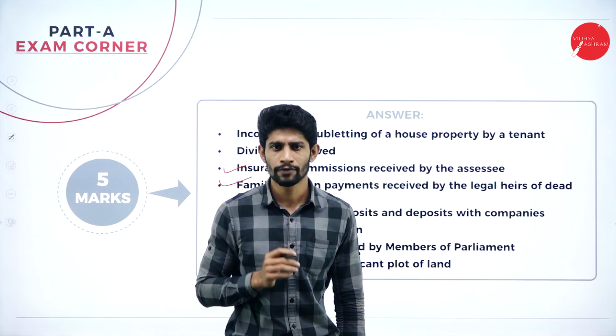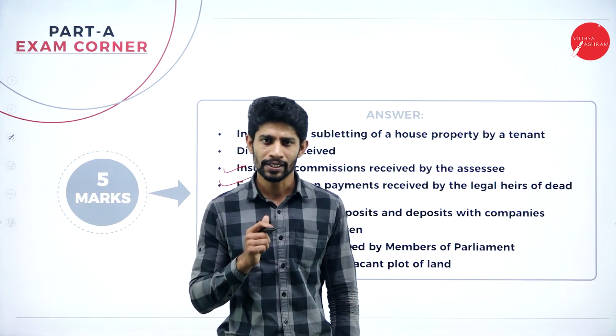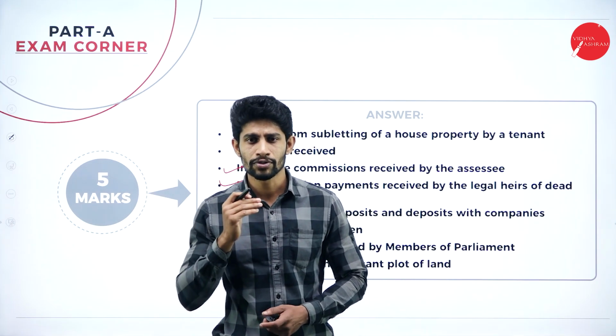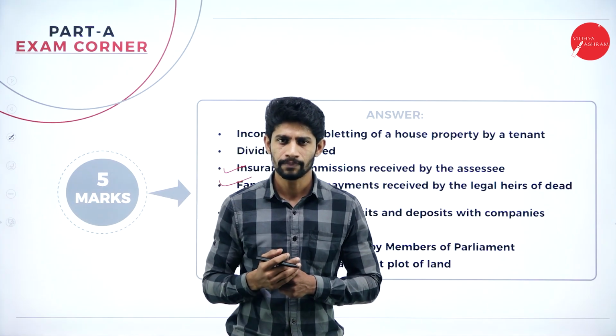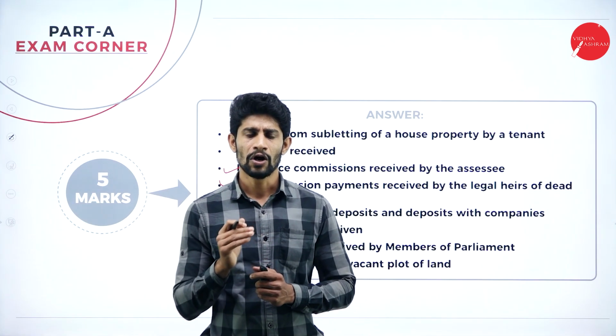So concentrate more on the first 4 units, and obviously you can score more than 70 marks. If you want to score more, that is cent percent marks like 80 out of 80, then obviously you have to concentrate on all the chapters.